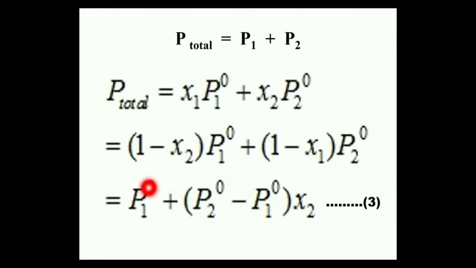Here P2 naught minus P1 naught is taken into brackets, where x2 has been taken out as common.